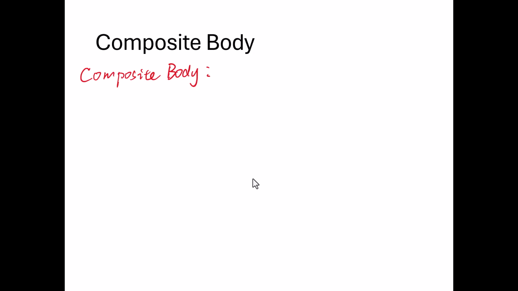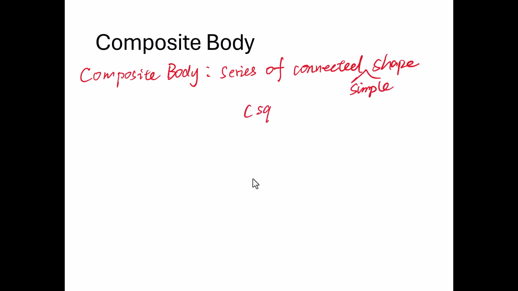So in reality we should be able to calculate for a series of connected simple shapes, and each simple shape could be a square, circle, or triangle. By connecting the simple shapes, we should be able to calculate a more complex shape. That's how we define our composite bodies.